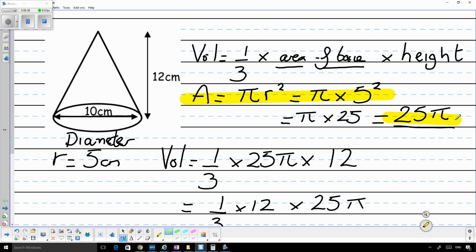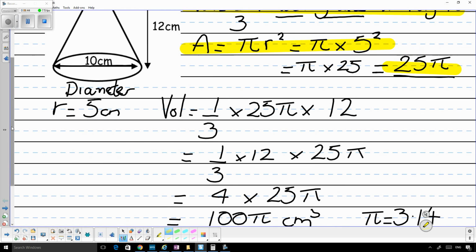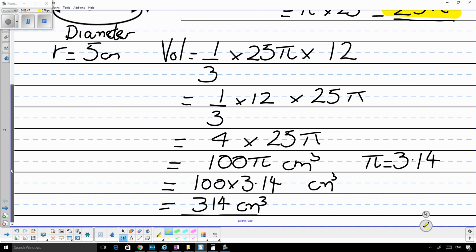I've then plugged that into the formula I remembered from the volume of a pyramid and volume of a cone, and I've just substituted those values in, worked it through. I've worked it through in terms of pi. As you see, it's made it quite easy sums to do. I maybe had to rearrange my formula a little bit around this point so I could make it a nice easy sum for me, but I could do that with multiplication, and I end up with 100 pi centimeters cubed.